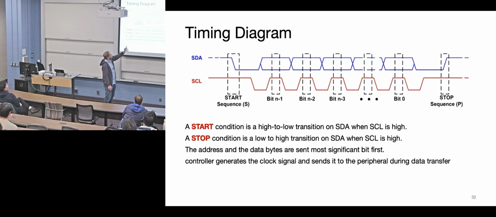Here you get the positive and negative edge within 1 bit. I guess it makes it flexible in the sense that it doesn't matter what your receiver does, if it's positive or rising edge, okay, that's fine, but it seems like a kind of painful decision to make, and I'm not sure exactly why they made that decision. Yeah, there's special start conditions, special stop conditions.